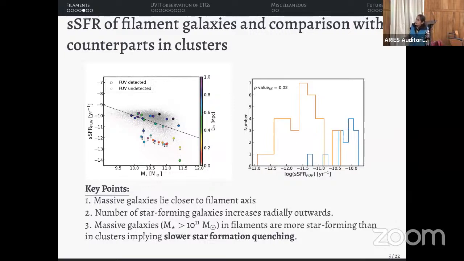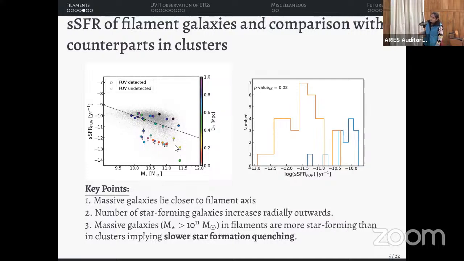So this is the specific star formation rate, which is just SFR divided by the stellar mass. SFR is calculated using FUV luminosity. The detected galaxies are plotted with solid circles, and for the undetected ones we did force photometry.